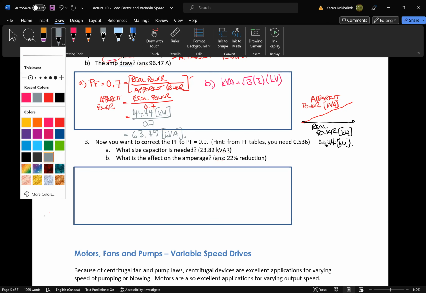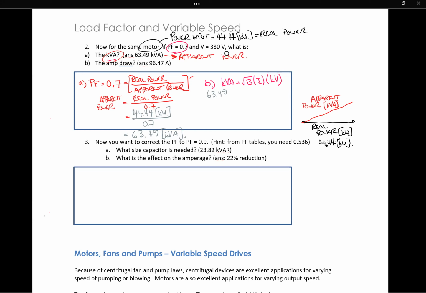Our apparent power is 63.49 kilovolt amps equals √3 times the current, times, in this question, we are given the kilovolts, 0.380 kilovolts.